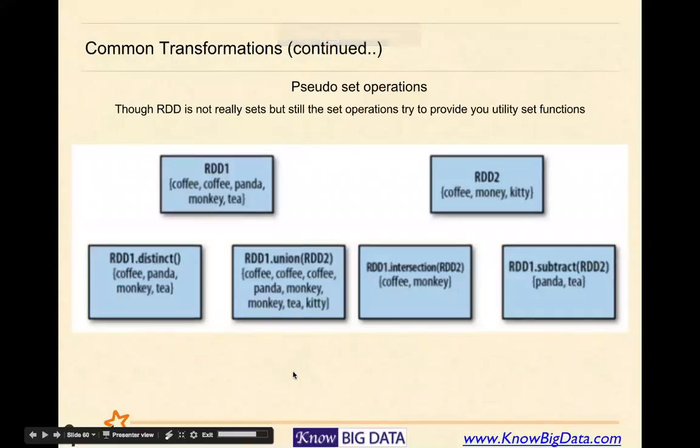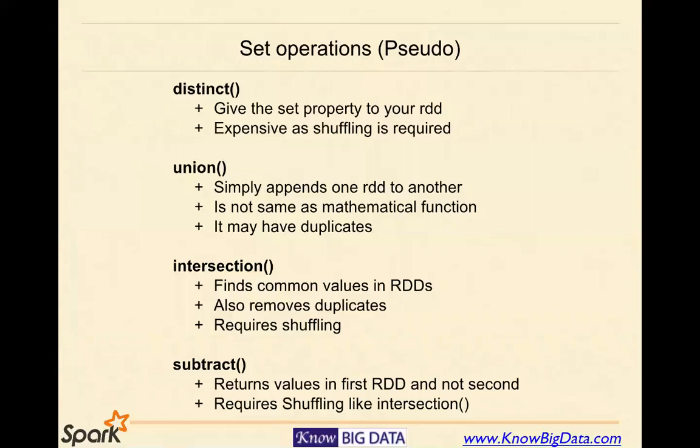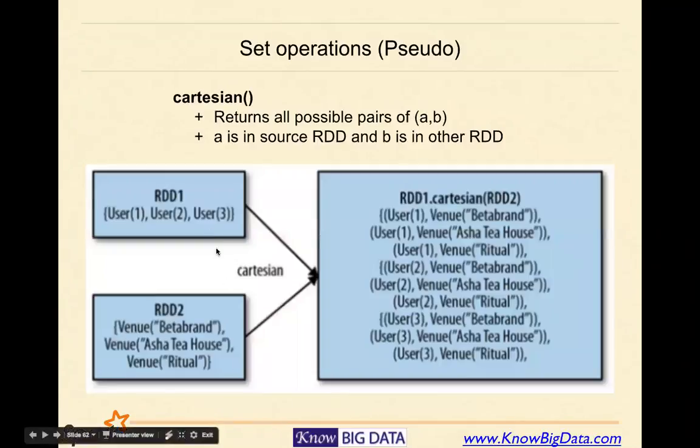I'll show you, Thomas, in a little bit. There are some functions which are pseudo set operations, and these functions help you do set operations such as find the distinct, find the union, do the intersection, do the subtract, and so on. If you want to produce a Cartesian product of two RDDs, you can use cartesian.